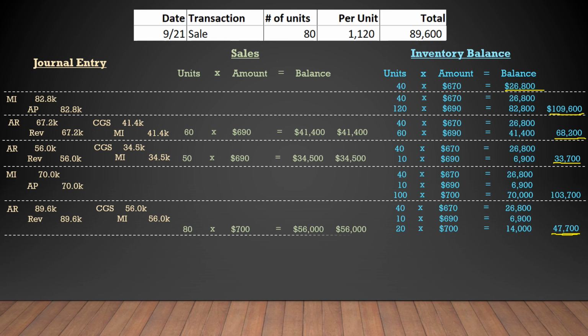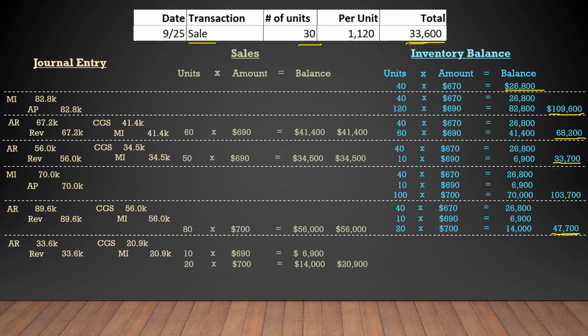We have our last sale of the month on September 25th for 30 units. Debit accounts receivable and credit sales for $33,600. To get our cost of sales, we only have 20 units from our most recent layer to use, and we'll take 10 units from the next most recent layer at $690 per unit, giving us a total cost of sales of $20,900.